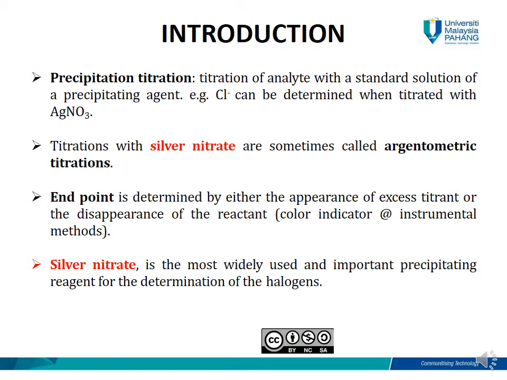Titration with silver nitrate is sometimes also called argentometric titration, because it uses silver nitrate as a titrant. The endpoint will be determined by the appearance of excess titrant or the disappearance of reactant.